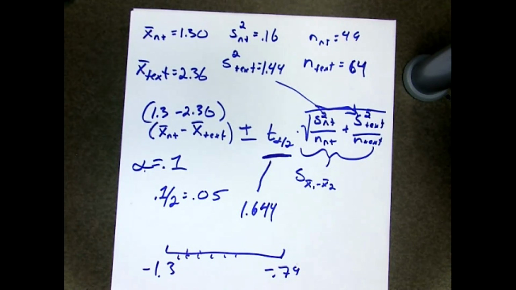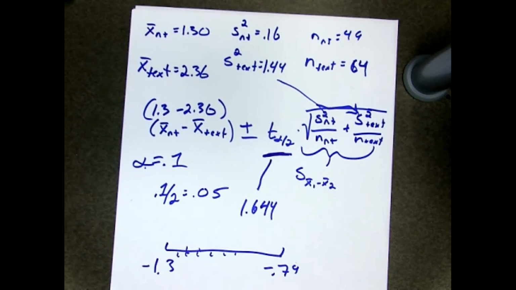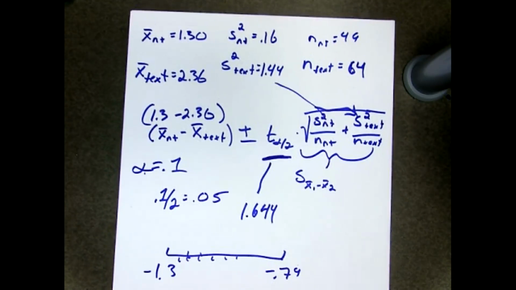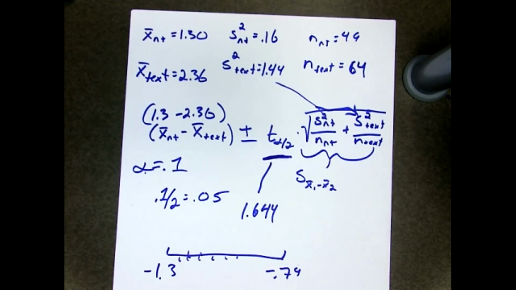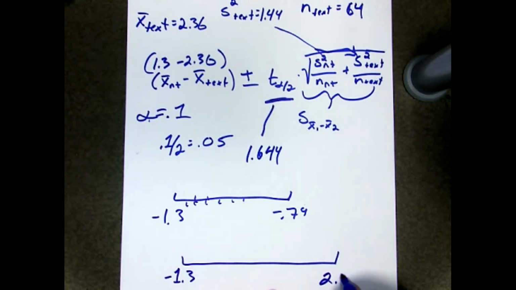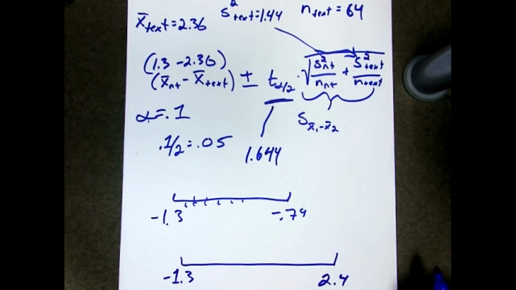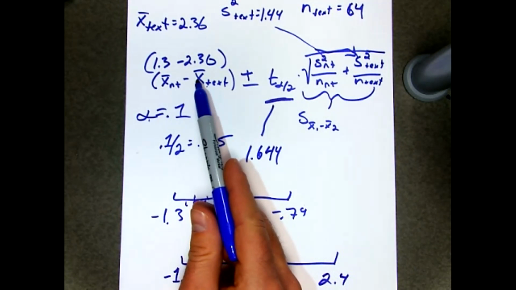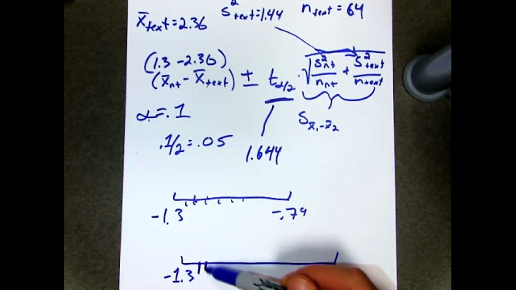Questions on that? So why I say it's not interesting if it ever crosses over zero. Think about if I had this, right? What if it was negative 1.3 to 2.4 or something? Well, now the difference in response times, it could be that texters are taking longer to respond.